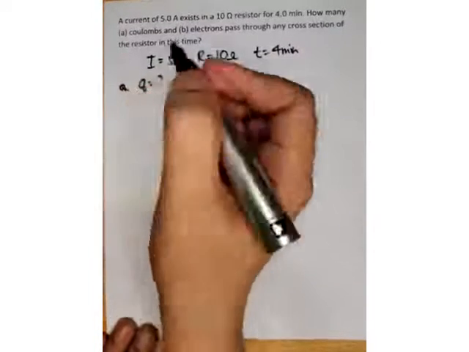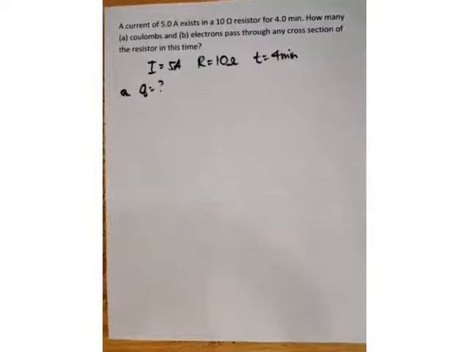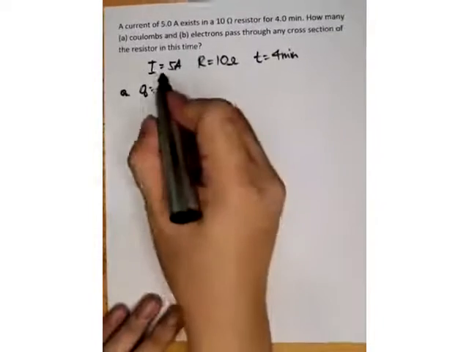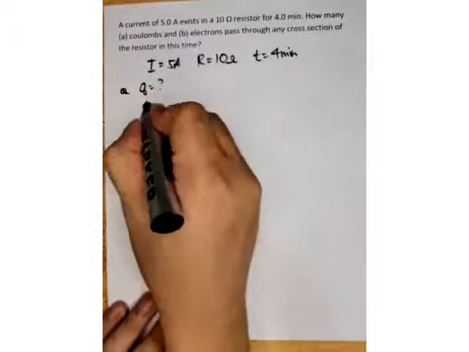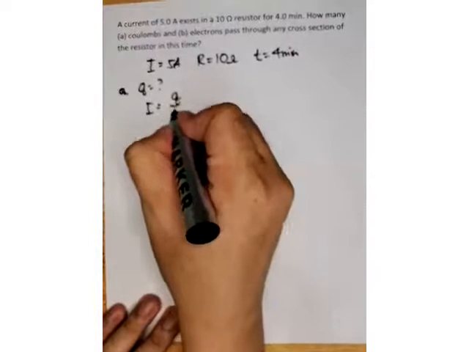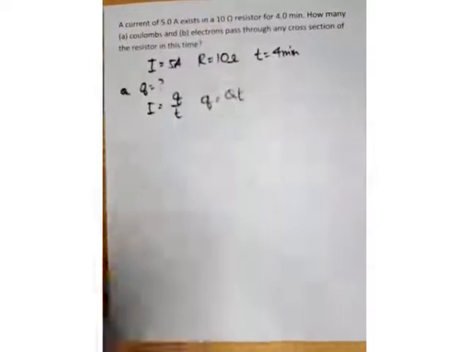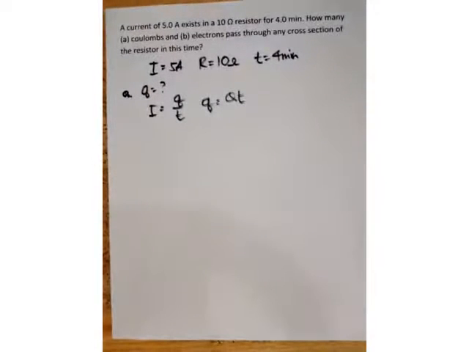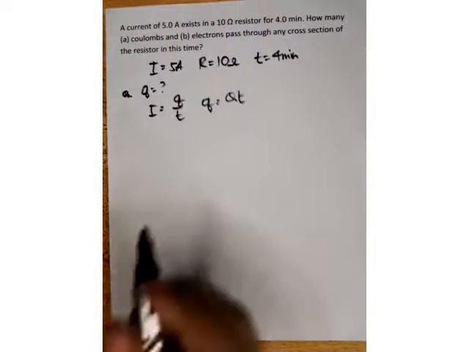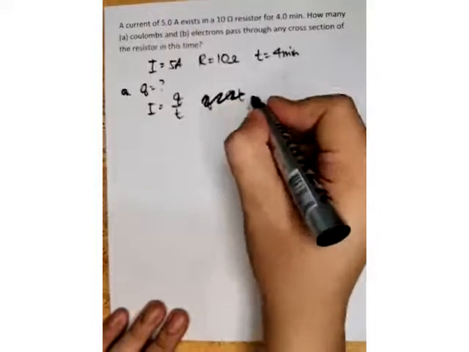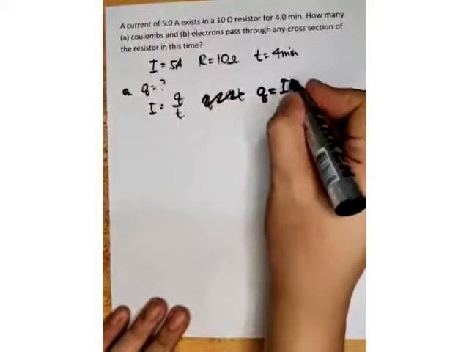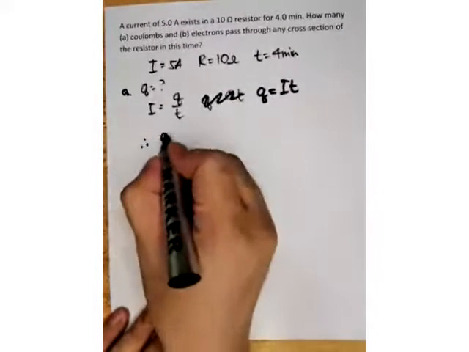Meron siyang relation sa I and T that I is equal to the charge over time. Therefore, Q is equal to I times T. Ayan. So, Q is equal to, what's the current? 5 amperes times the time na 4 minutes.